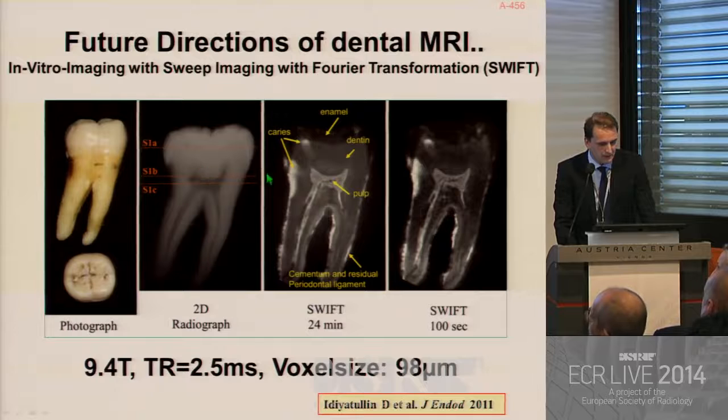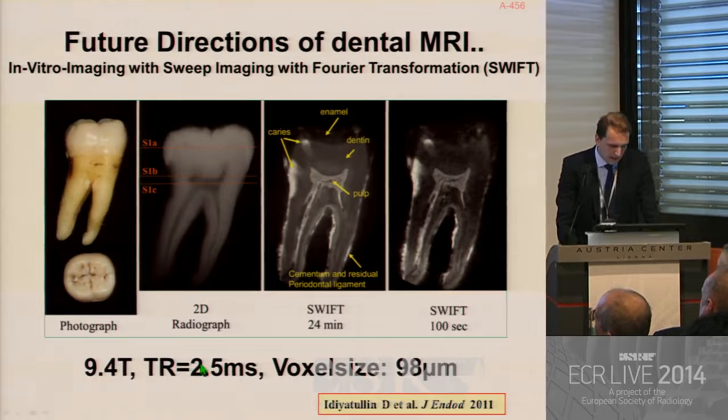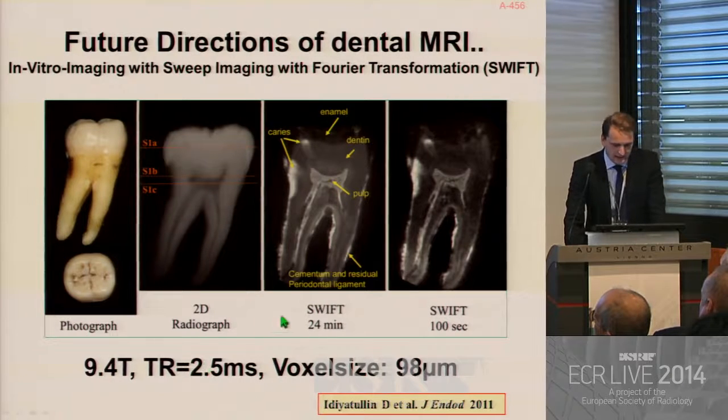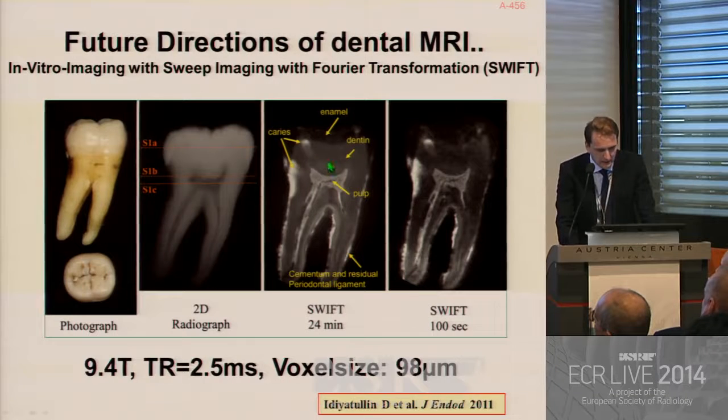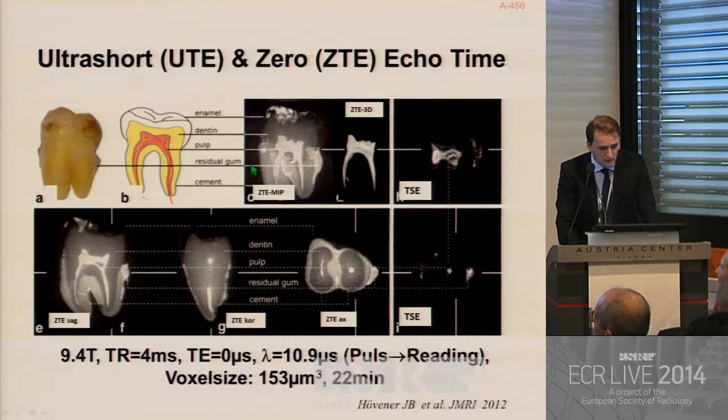You can see now that it is possible to discriminate pulp, dentine, and even enamel with MRI, but with very short relaxation and echo times, as in this special SWIFT sequence. And here you can also see caries changes of the teeth. And these are perhaps future directions that we can look at.